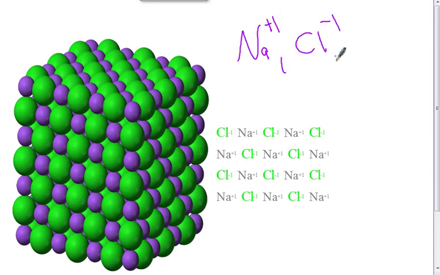It is a 1-to-1 ratio. But it might be sodium 100, chlorine 100. When you have salt cubes, it just depends on how big the salt cube is as to the number of sodiums and chlorines. It's very different from molecules. Ionic compounds, we're just looking at the basic ratio of elements.